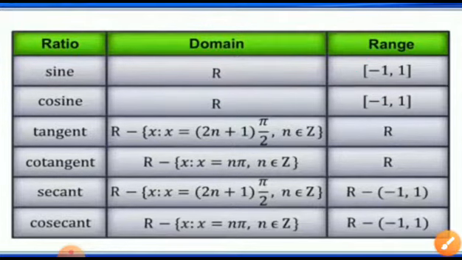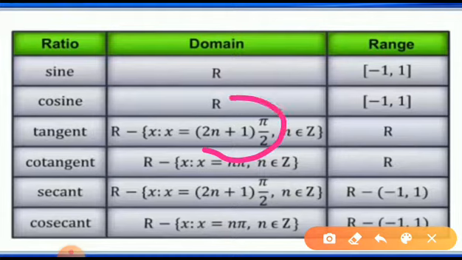Similarly cosine, your domain is R, that is the real number set, and the range is -1 to 1. Then for tan it was R minus (2n plus 1) pi by 2. Why is it written as odd multiples of pi by 2?